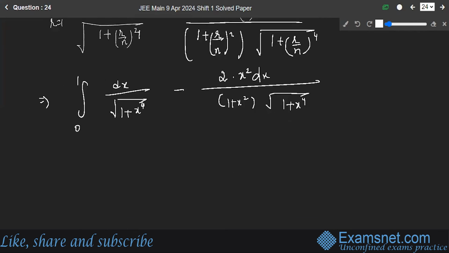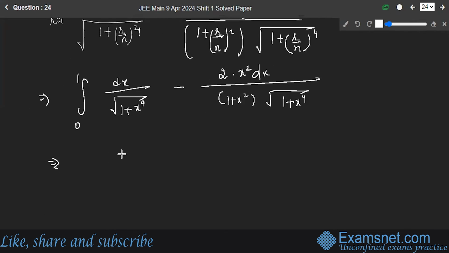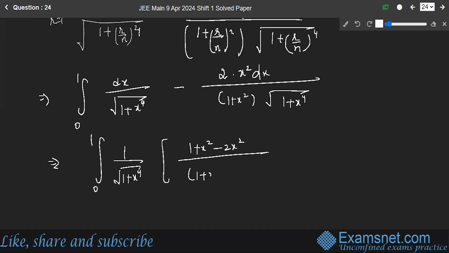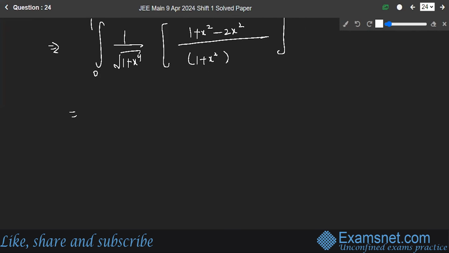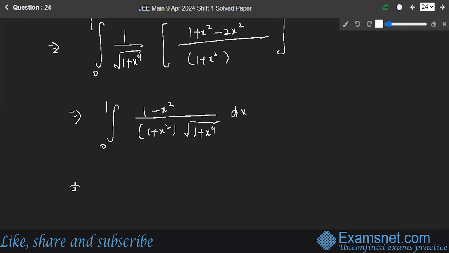And this is equal to, let's open it up, the integral from 0 to 1 of 1/√(1 + x⁴) taken outside, and it will be (1 + x² − 2x²)/(1 + x²). And this will give me the integral from 0 to 1 of (1 − x²)/((1 + x²)√(1 + x⁴)) dx.